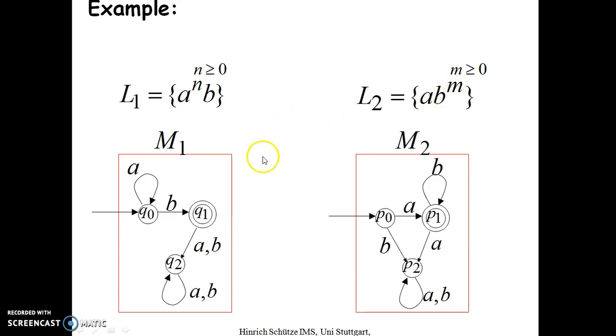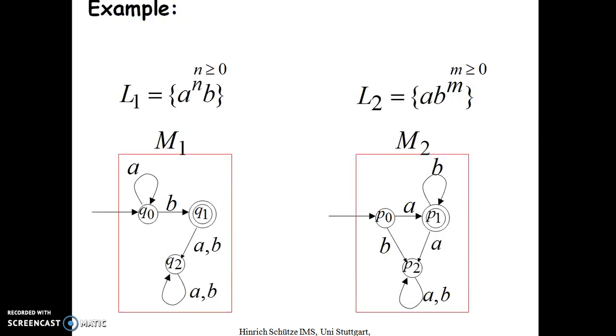So for L1 intersection L2, the automata for this language is this and for this language is this. It's nothing but any number of A's followed by B. After that a trap state is added, and here a single A followed by any number of B's, and the trap states are given here.